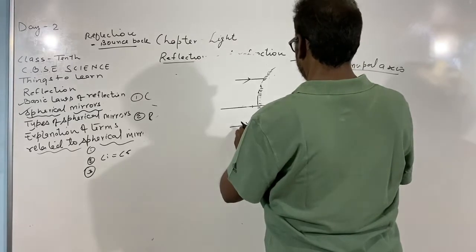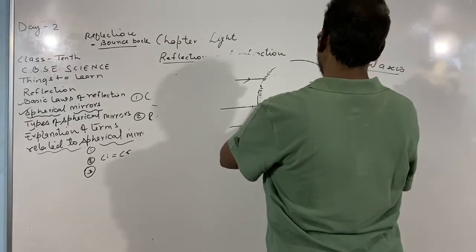A line from the center of curvature is the normal at this point.